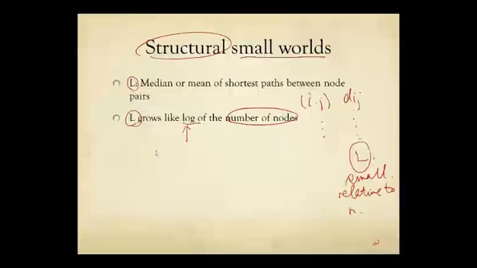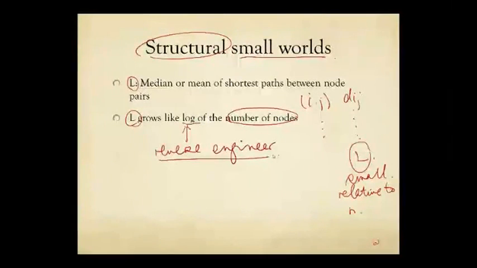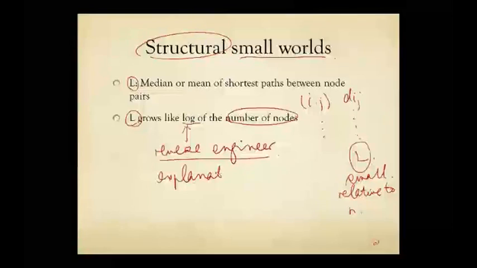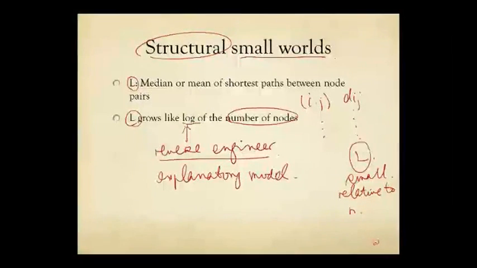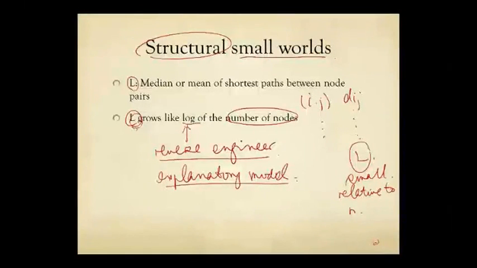So what we now want to do is to reverse engineer, and we will comment on the utility and pitfalls of reverse engineering topology or functionality of a network towards the end of the lecture. We want to reverse engineer and build an explanatory model, like what physicists would do, to explain the observation, this time about the social network, that L is often a slow function of the number of nodes.